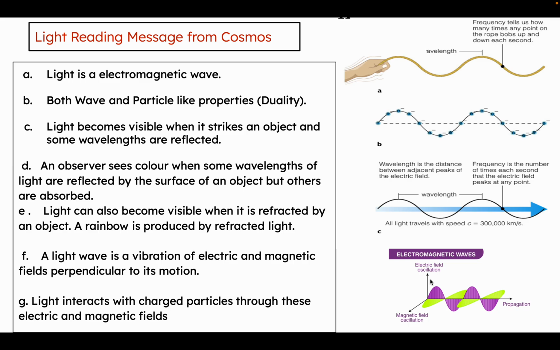We all know the speed of light, which is 3 times 10 to the power 8 meters per second, or 300,000 kilometers per second. Light is often shown as a wave.